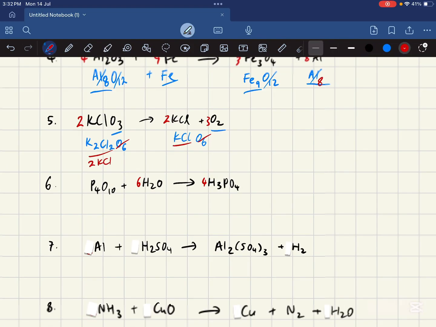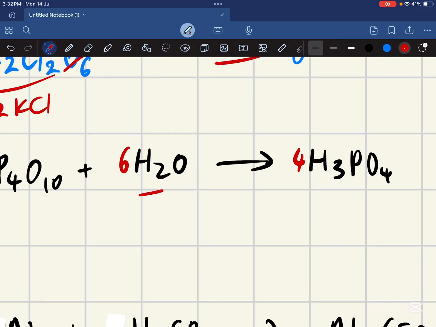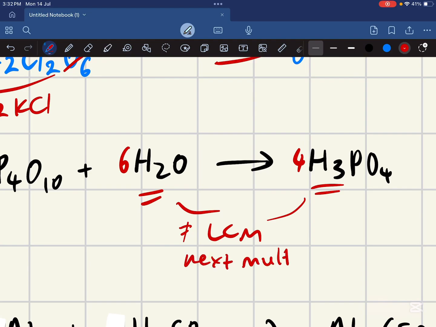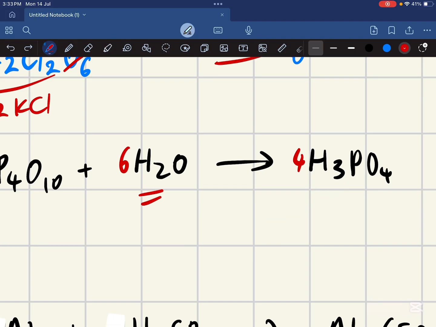And here you have faced an example where even though they're separated, the LCM doesn't work. So you have to go to the next multiple. Because even though the H's are balanced, the O's are nowhere balanced. The oxygen atoms, they're not balanced at all.